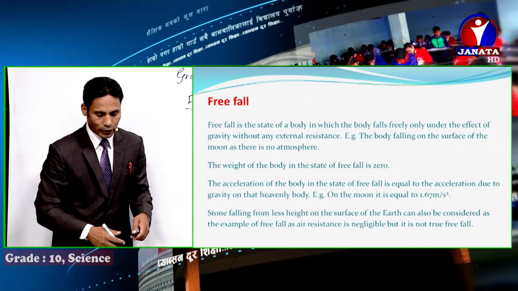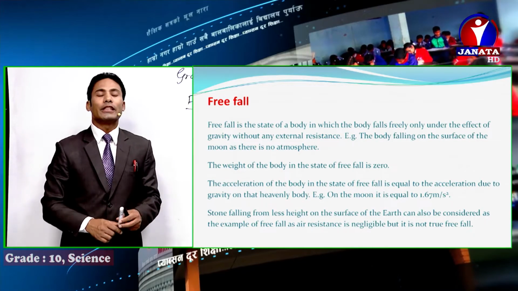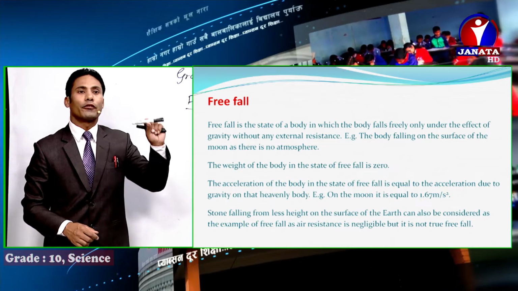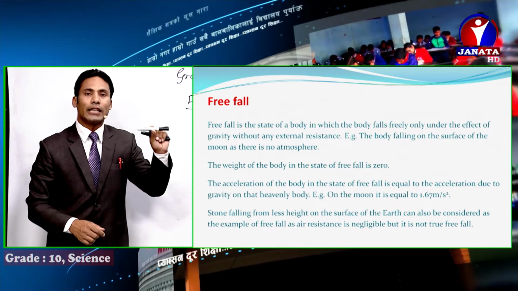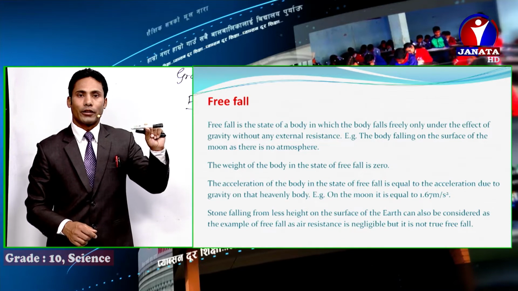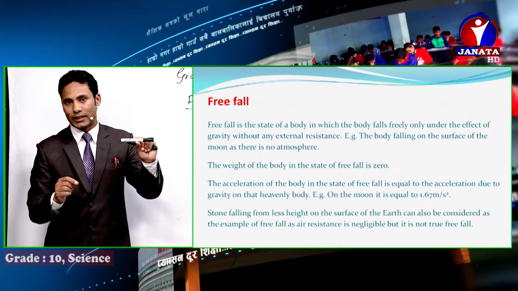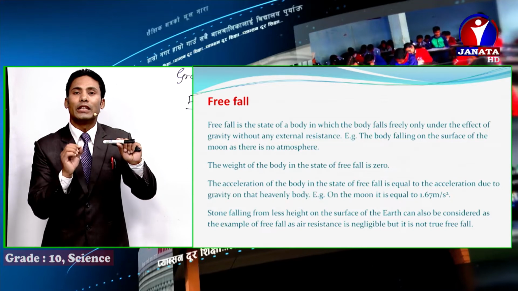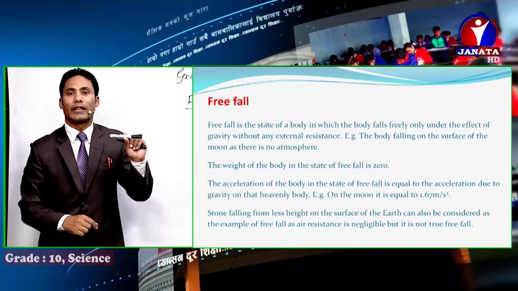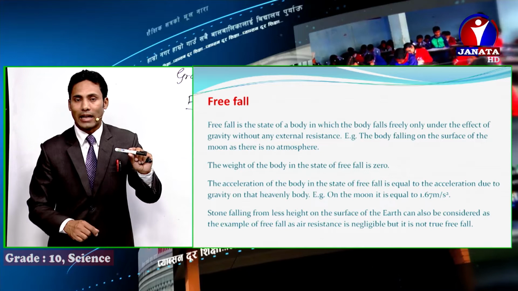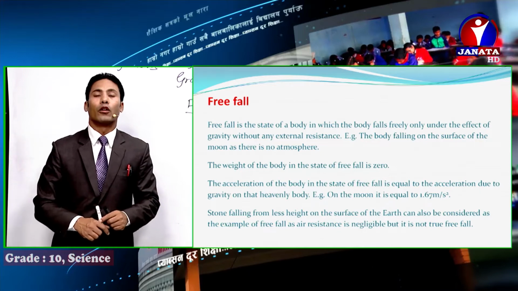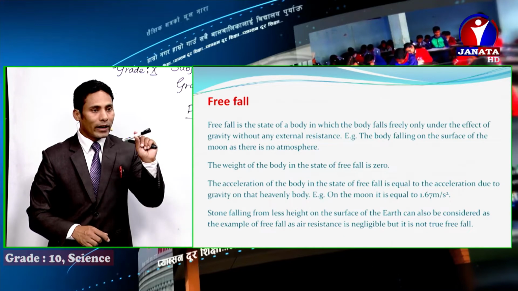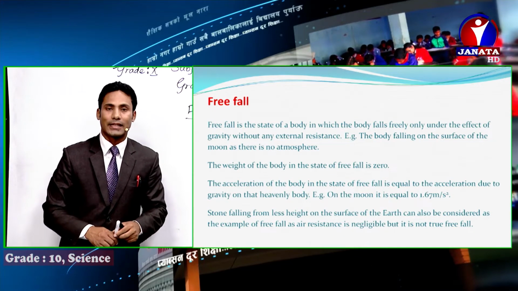Generally, during free fall, the acceleration of the freely falling object is equal to the acceleration due to gravity. And generally, during free fall, the weight of an object is 0. That is, the weight of an object during free fall is 0.